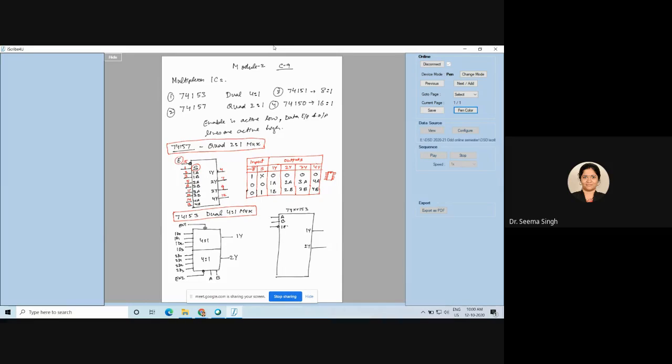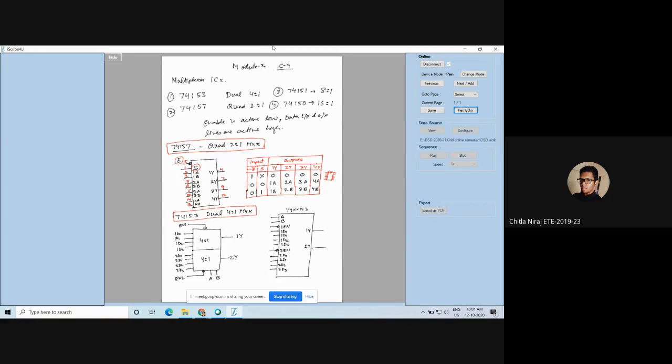So I am writing it as 1EN, and it has data lines 1D0, 1D1, 1D2, and 1D3. First mux input over. Now I am showing you second mux inputs. So the control input is enable, and you have four data lines again, and those four data lines are 2D0, 2D1, 2D2, and 2D3.